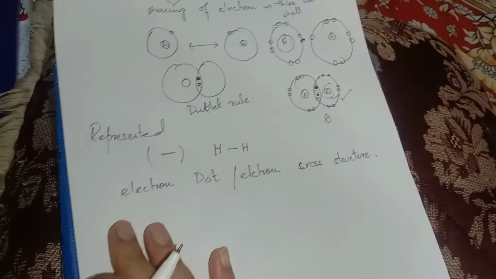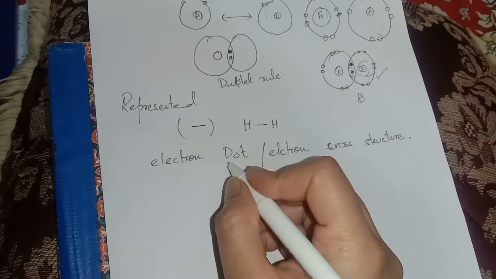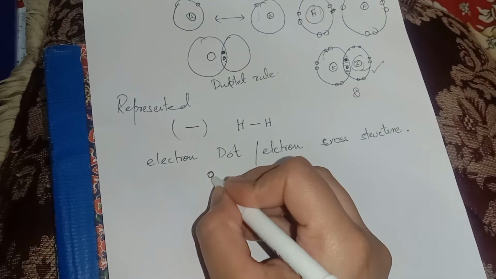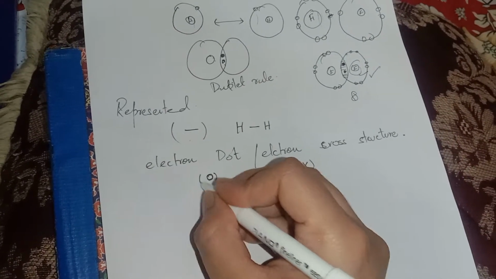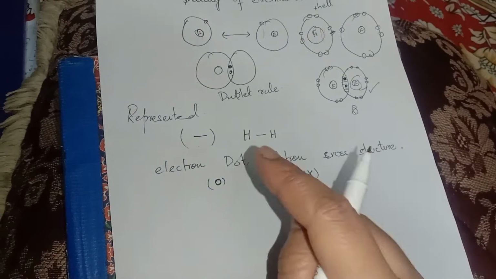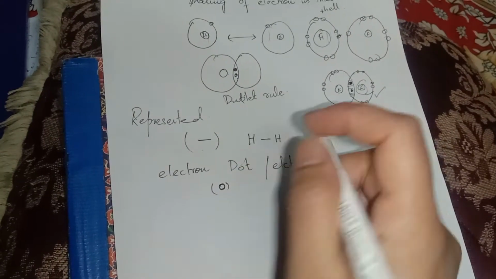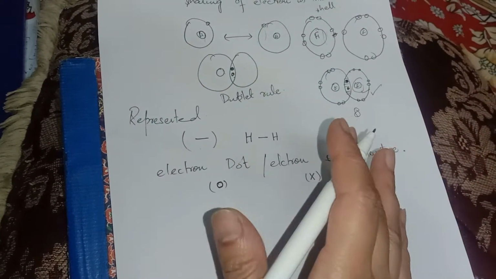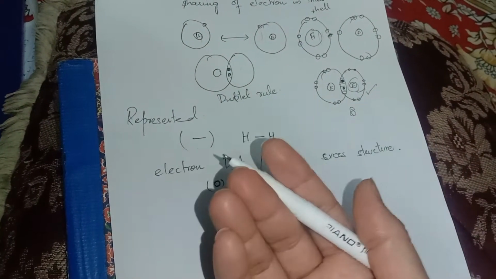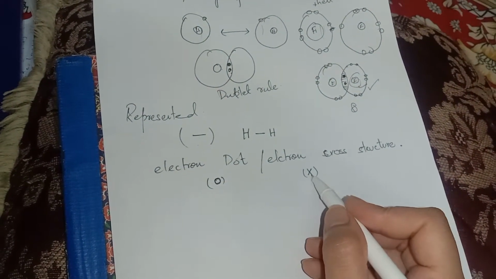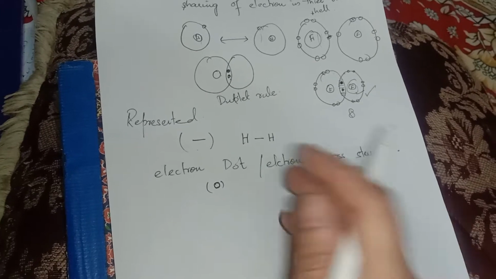Now, what is an electron dot and electron cross structure? Electron dot means representing an electron with a dot, and electron cross means representing an electron with a cross. Here, you should remember that there is no difference between one electron and another. Electrons are always the same. The dot and the cross only show you the difference between the two atoms.